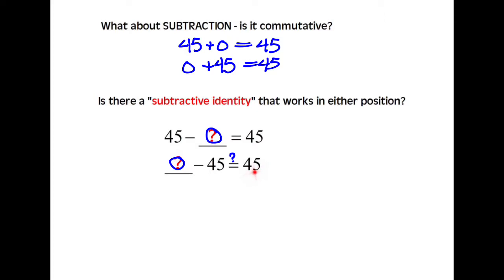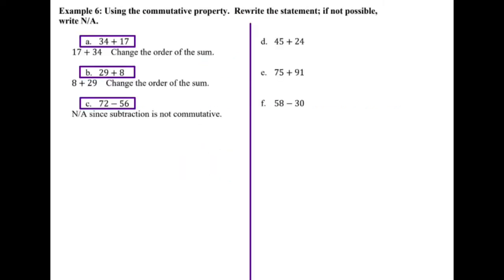I know that's talking about negatives and we haven't gotten to that. But the idea is, it is not equal. So there is no subtraction commutative property. It doesn't exist because you can't put 0 in both places. You can only put it in one. And the reason we needed that is for the third box. You can see there's a subtract in it.